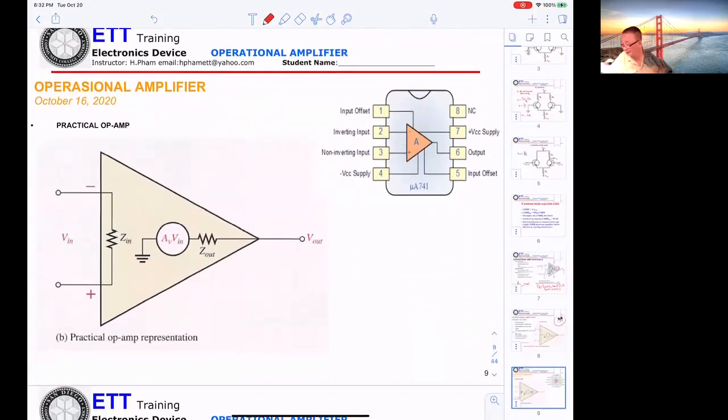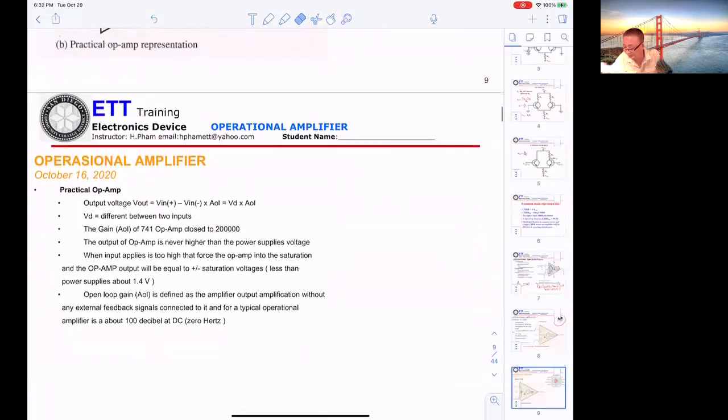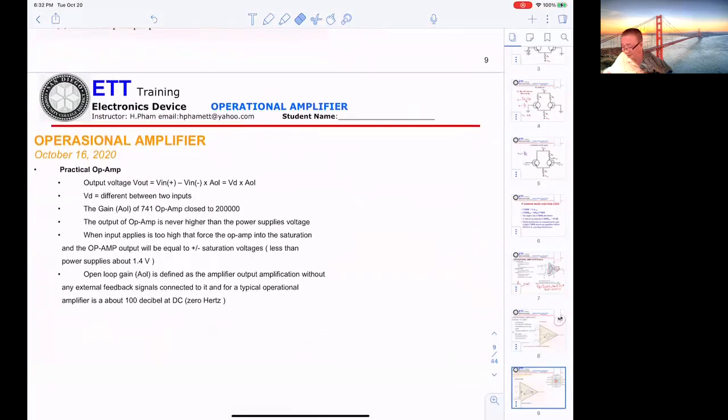This gives you a little picture here, like what I just talked about. That's what you can read on the practical op-amp. Normally for an op-amp, output voltage Vout equals V positive minus V negative, times AOL.